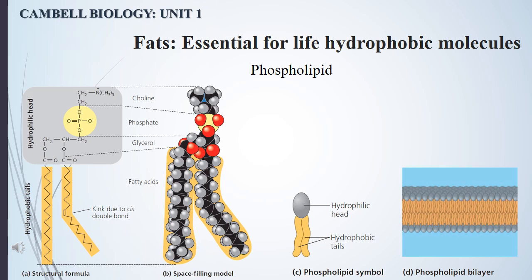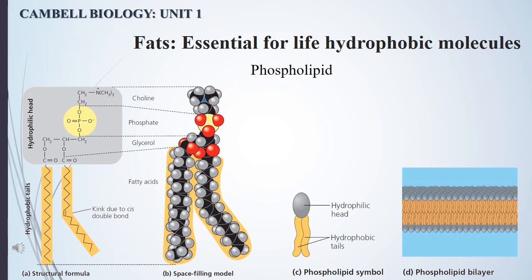Now, having such a peculiar shape gives a phospholipid very interesting properties, in which on one end it's hydrophilic. It likes to be attracted to water. On the other end, it's hydrophobic. The tail, the fatty acid tail, is hydrophobic.